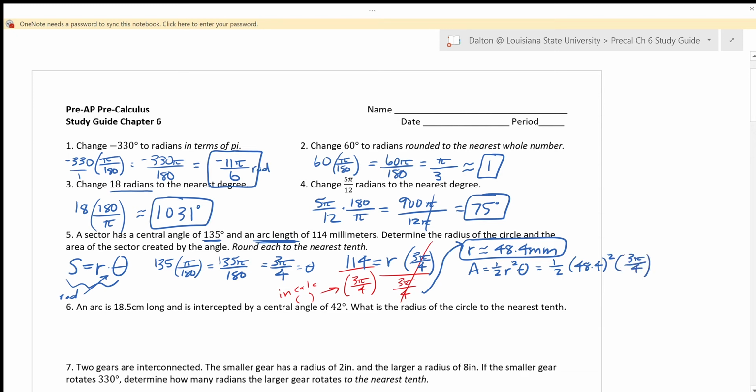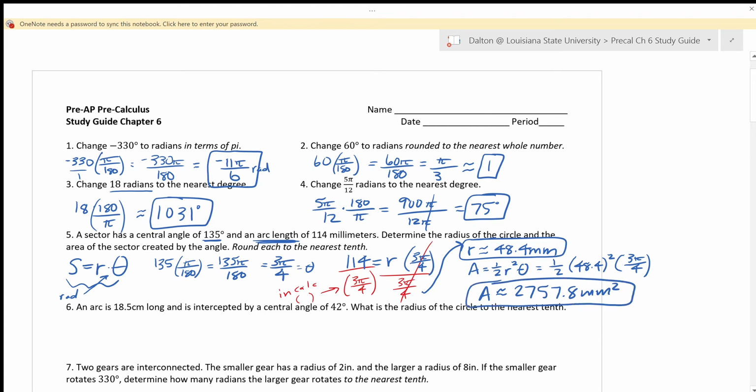If you plug this in your calculator, you will get that the area is approximately 2,757.8 millimeters squared. Now, if you didn't get that, perhaps you got 2,759.8.